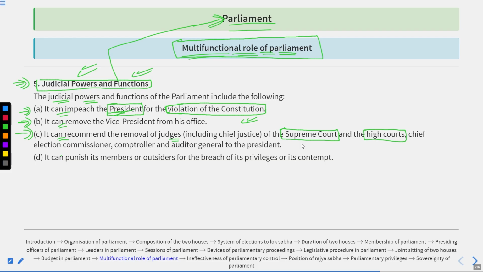All right. Thereafter, the chief election commissioner could be removed by the Parliament. Now, here is one thing. If we're talking about the chief election commissioner, now I'm going to ask you a question, and this is going to be a tricky question.